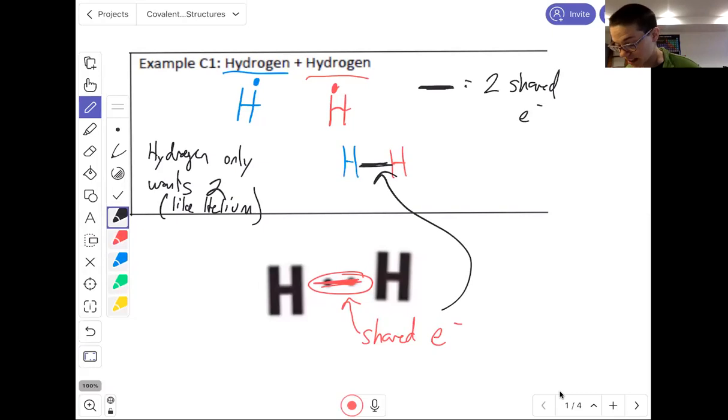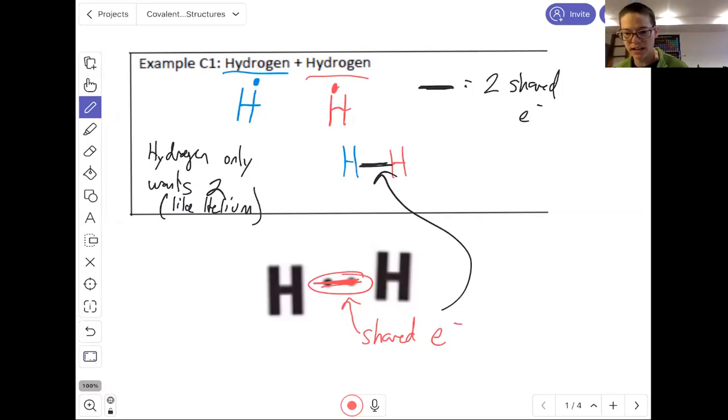So here you can see if I cover up the blue hydrogen, the red hydrogen has a line representing 2 shared electrons. So it will have its 2. If I cover up the red hydrogen, the blue hydrogen has that line representing 2 electrons, so it has 2. So everybody is happy here in this situation. So that's as basic as it gets.